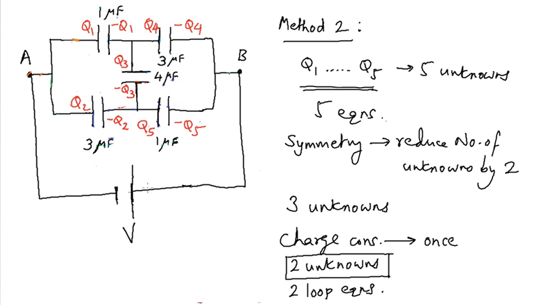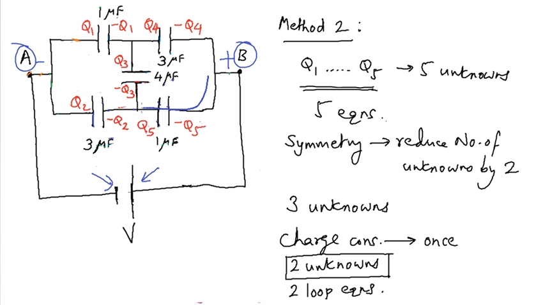On the other hand, after the battery is reversed, this becomes the positive terminal and this is the negative terminal. So that means that B is now the positive end of the circuit and A is the negative end. We will once again travel from the positive end to the negative end, but this time we have to start at B and end at A. Let us travel through the lower branch of the circuit first.